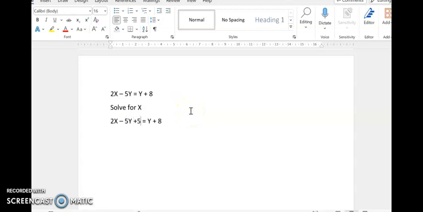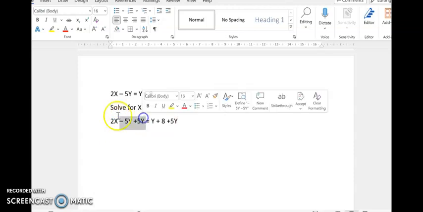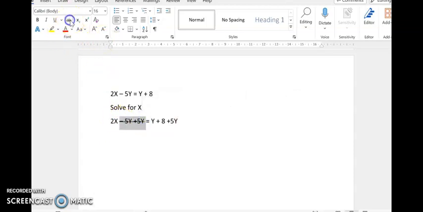Plus 5y. And whatever I do to one side, I have to do to the other. So I'm going to say plus 5y. Okay, so these y's cross out. Minus 5y plus 5y crosses out. Get rid of that.